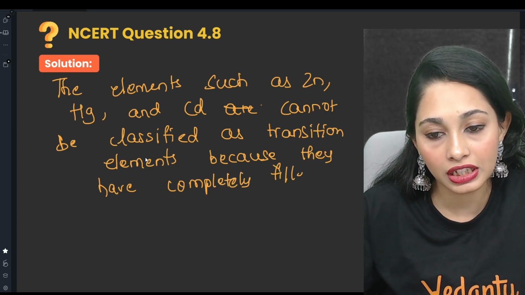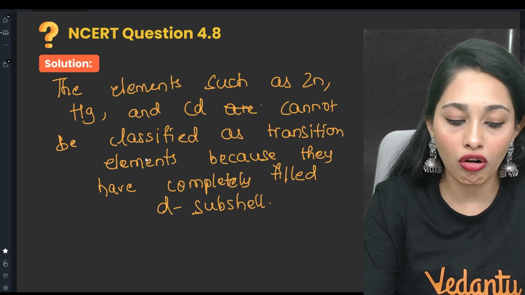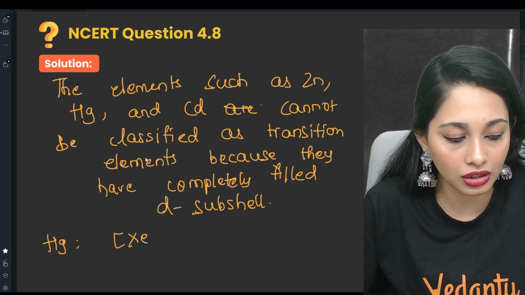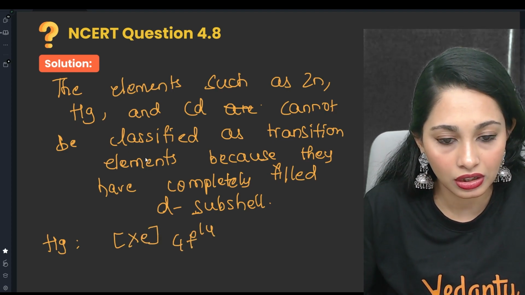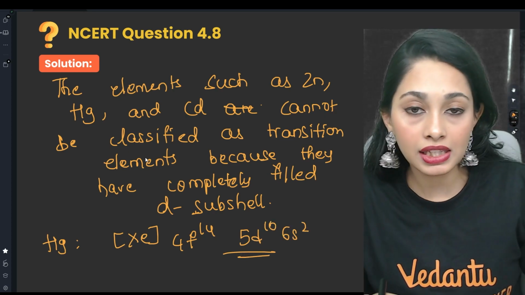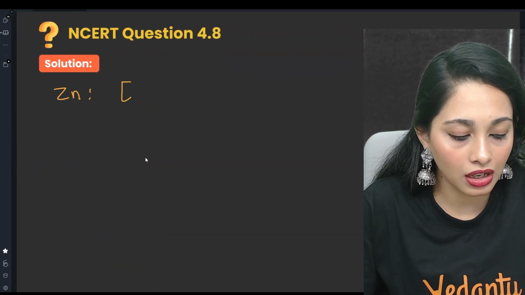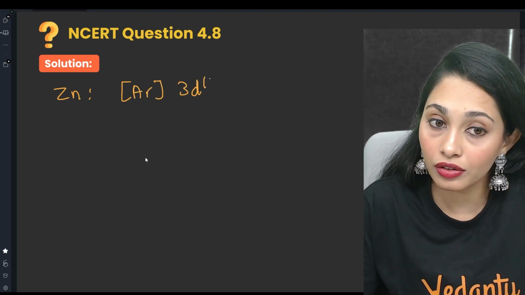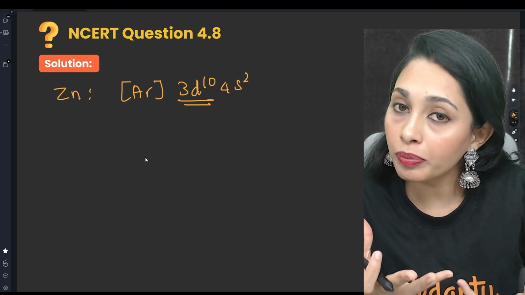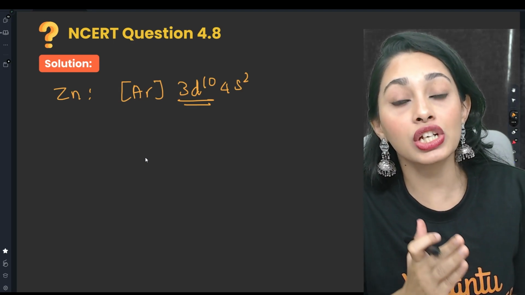Let's take the example of mercury, Hg. The electronic configuration is xenon 4f14 5d10 6s2. Here we can see that the d subshell is completely filled. Zinc also: argon 3d10 4s2. So here also d is completely filled. So these elements cannot be considered transition elements because transition elements are supposed to contain partially filled d subshell.